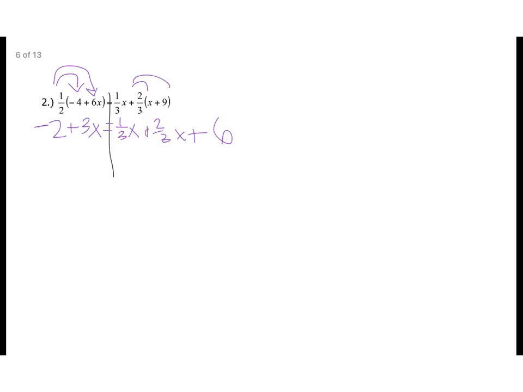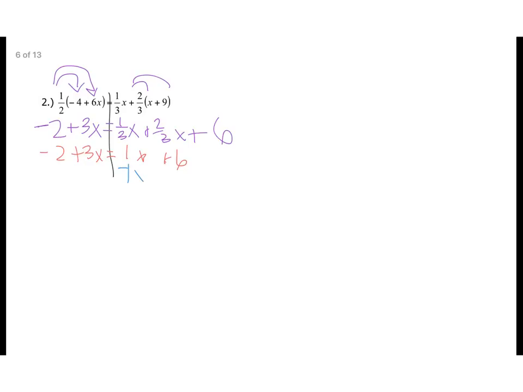Next, we need to combine like terms. So on the left-hand side, we still have negative 2 plus 3x. But on the right-hand side, 1/3 x plus 2/3 x is 1x plus 6. The next step was get the constants to one side and variables to the other.